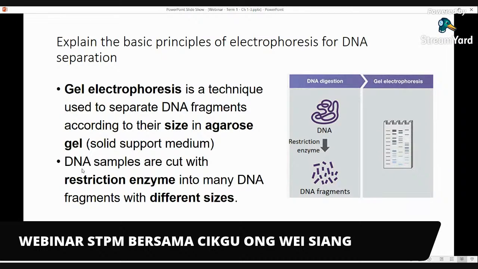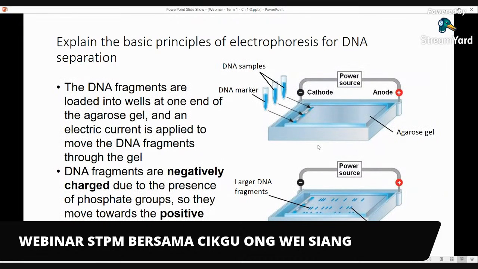First, the DNA samples are cut with restriction enzyme into many fragments with different sizes. These are the DNA fragments cut by the restriction enzyme. Then these DNA fragments are loaded into the well at one end of the agarose gel.